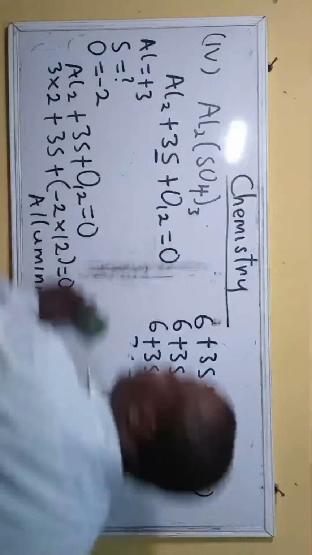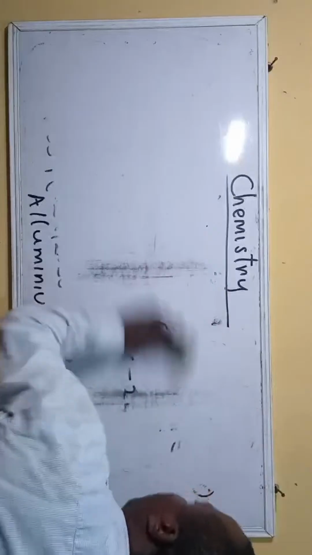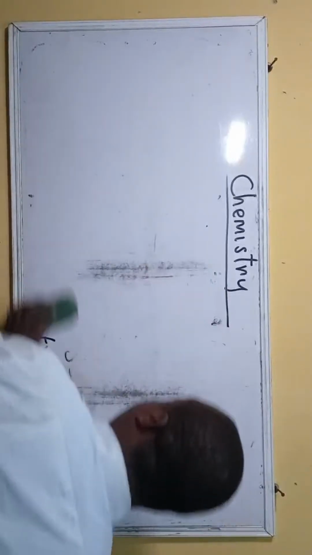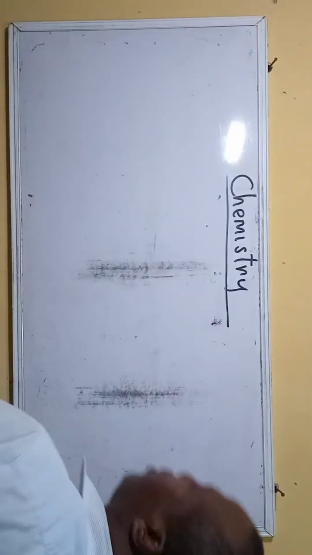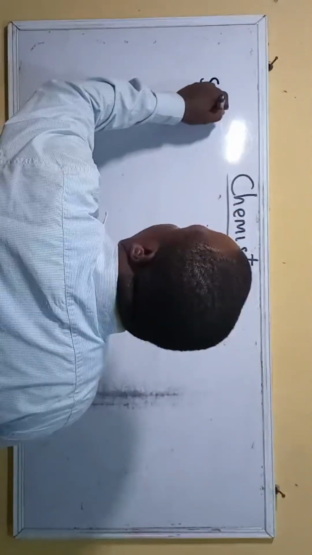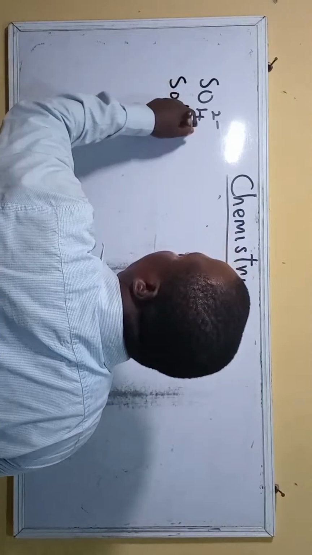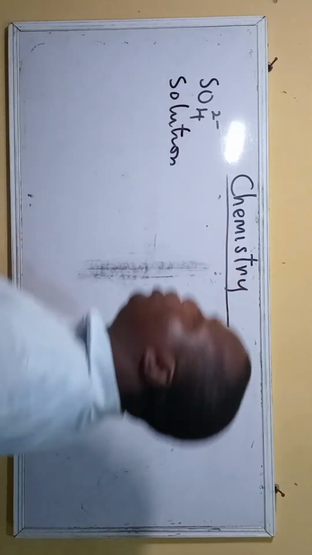Now, if you have something like this, SO4 with charge -2, how will you solve it? If you come across something like this, how will you name it?